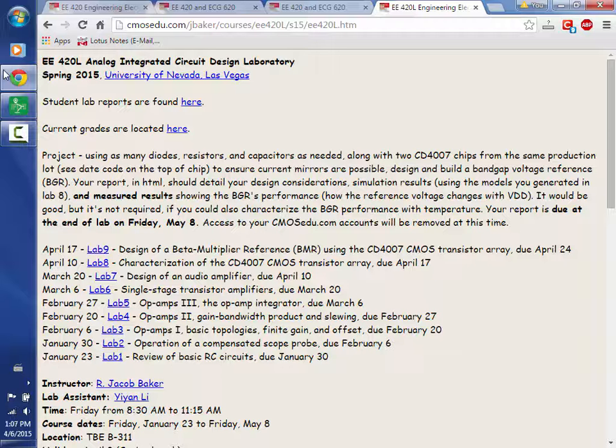You can see here's the project, which isn't due until May 8th, so it's due a month from this Friday. It's to design a band gap reference. So your course project is to design an LM386 audio amplifier, and your lab project is to design a band gap reference and test it out. Okay, so everything's laid out nice and organized.